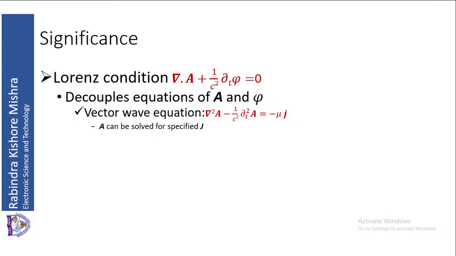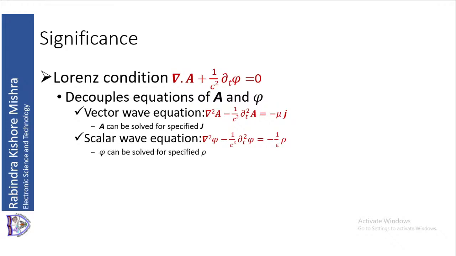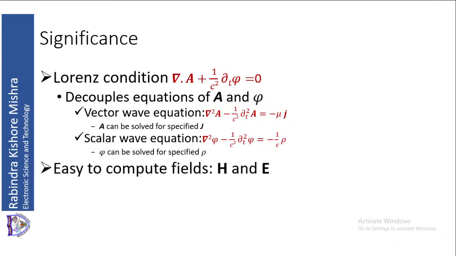Now A can be solved if J is specified. Similarly, for the scalar wave equation, we can solve for phi if rho is specified. So the significance is that it is simple to compute H and E once we know A and phi, and we can find out A and phi by solving the wave equation.